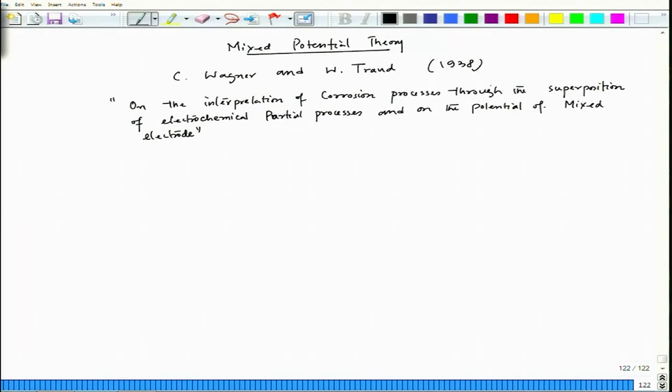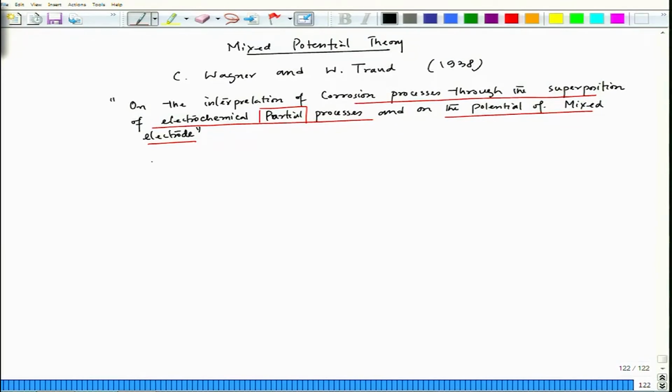Interestingly, corrosion processes through superposition of electrochemical partial processes, this is very important, partial, and also the potential of mixed electrode.